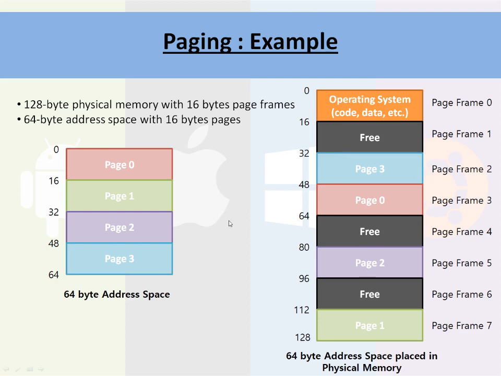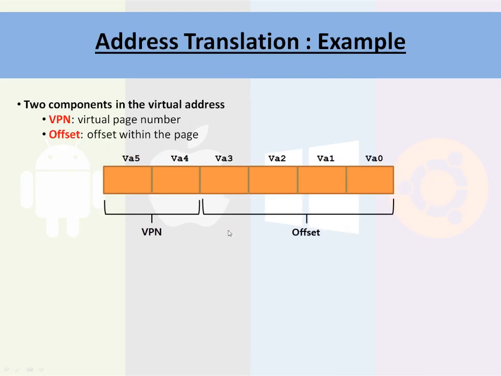So let's go into this example a little bit more and handle an actual address translation. Now our virtual address will have two components. The first is a VPN, or virtual page number, and this indicates which page it is inside the address space, as well as an offset. So within this specific page, where is this specific address?